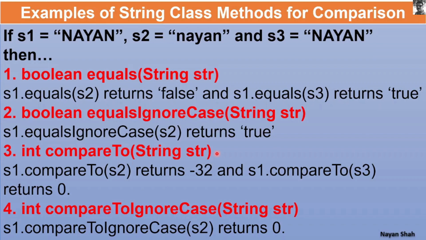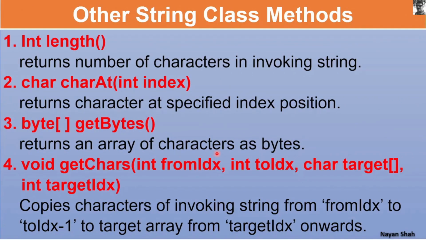Moving over to other methods: int length. It returns the number of characters in the invoking string. So the string we use with the length method, it will return the number of characters. Remember, we also discussed length with arrays, but with arrays length was a property, an attribute.